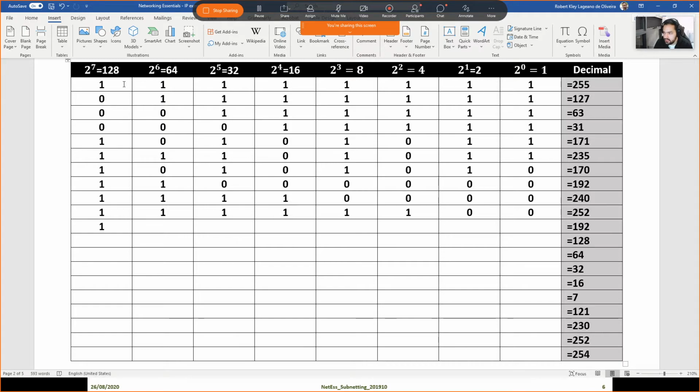64. Put a 1 in there and the rest are zeros.